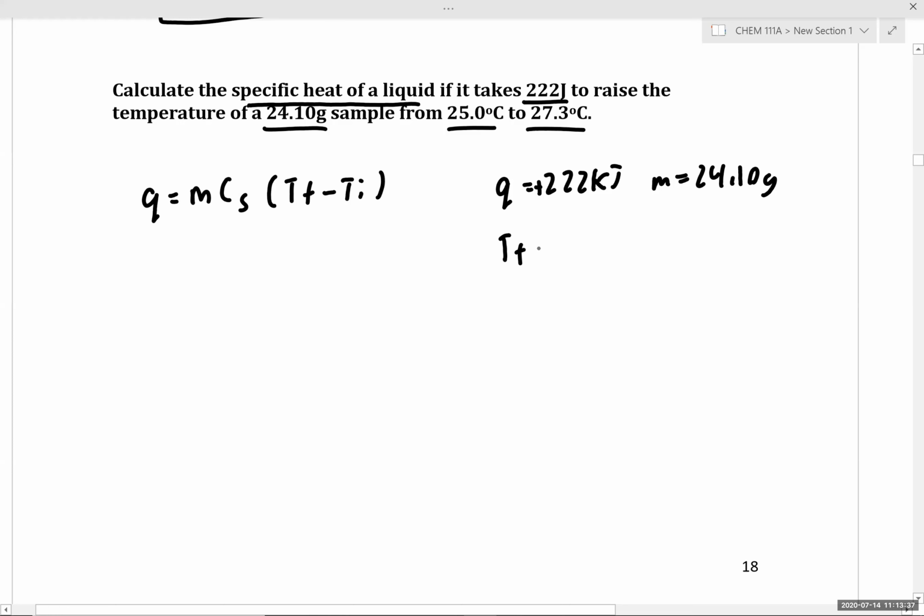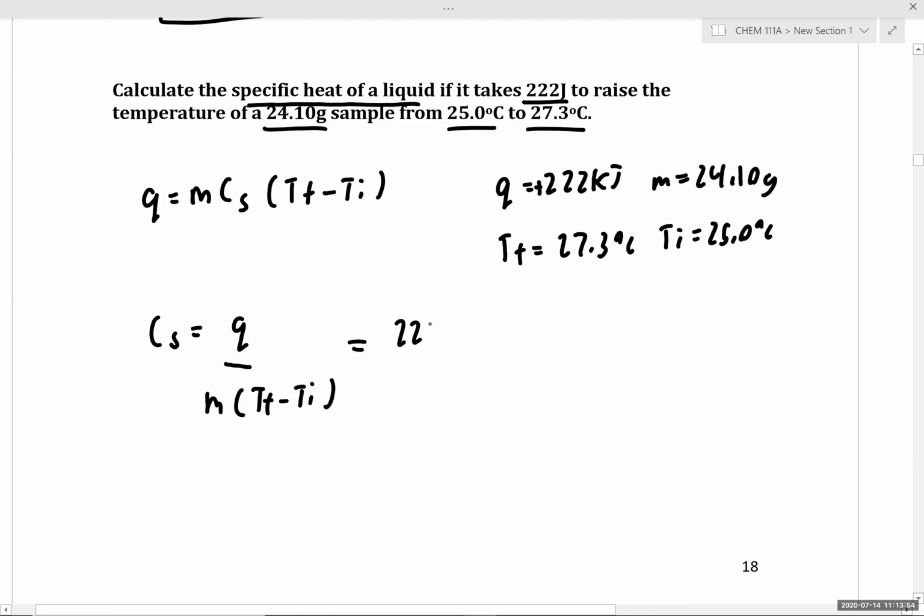Our T final is 27.3 degrees Celsius, and our T initial is 25.0 degrees Celsius. So solving for our specific heat, we have Q over m times T final minus T initial. So that gives us 222, whoops, that's not kilojoules. That would be quite the substance if that was the case.